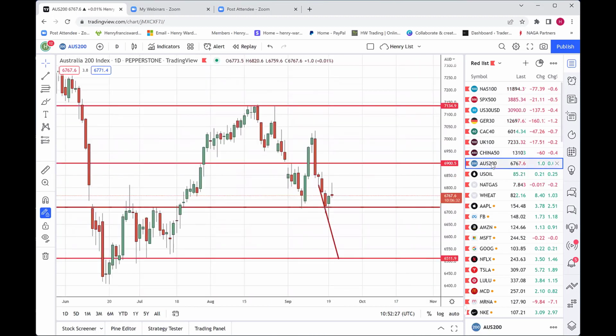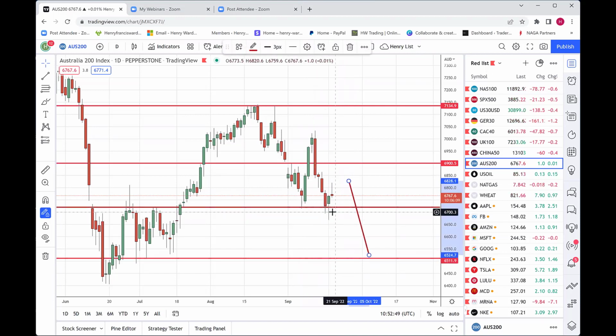Aussie 200. So this is something that I looked at, and I was looking at it to potentially take as a long, but because all the other markets are down, I decided against it. Also, we've had a lower low here, which signifies that there's more pressure to the downside.